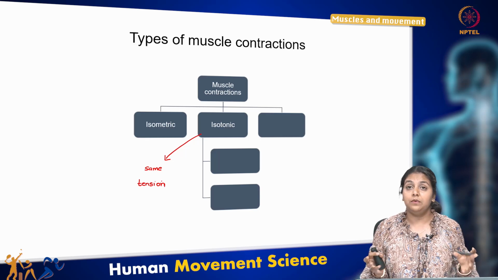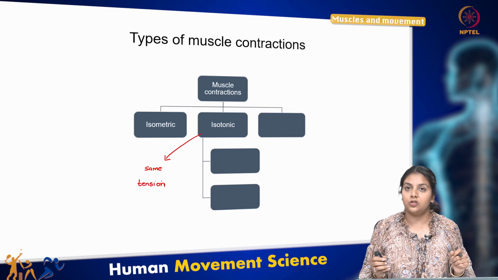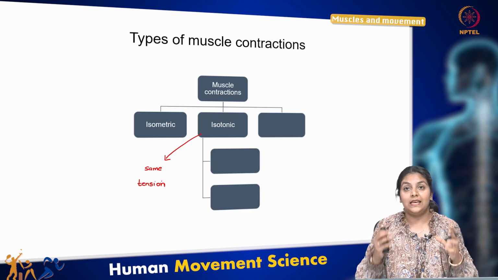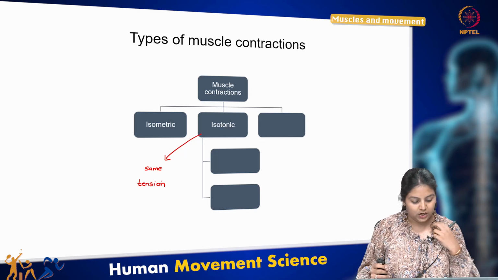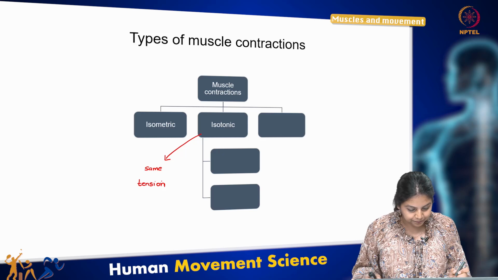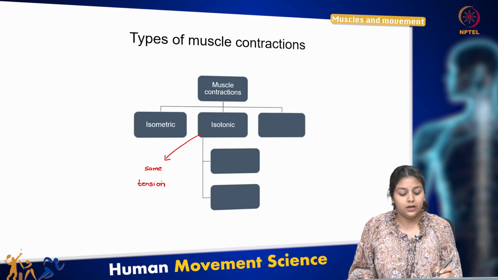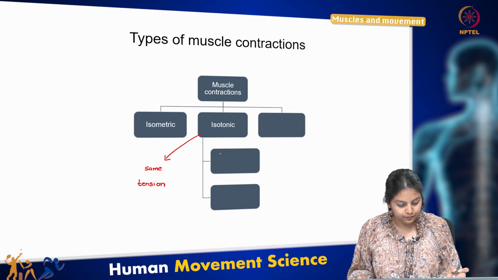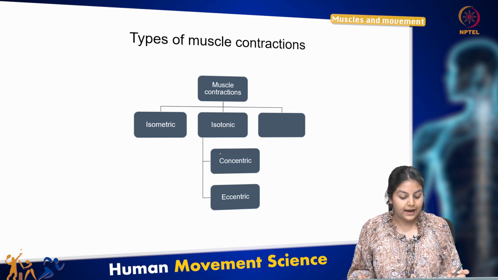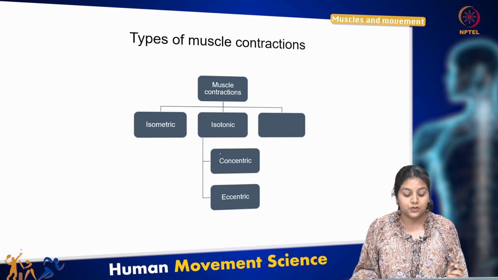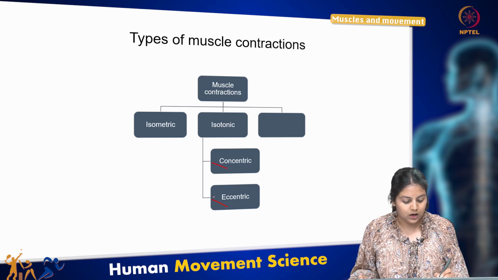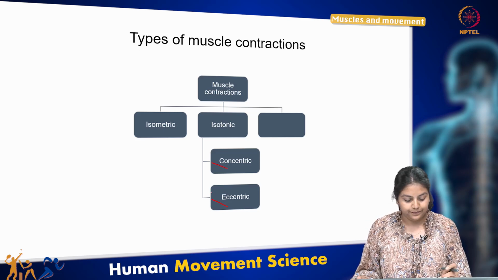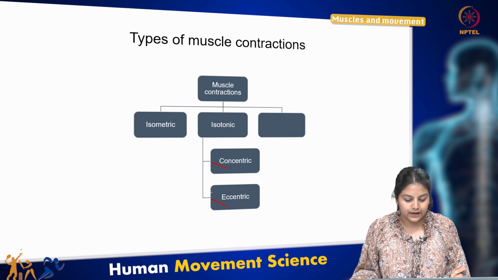So, in reality we need to understand for isotonic contractions you will not have same tension maintained throughout, but there is hardly any change in tension. So, isotonic can be divided into concentric and eccentric. We will be looking at these two specific contractions in the coming few slides.